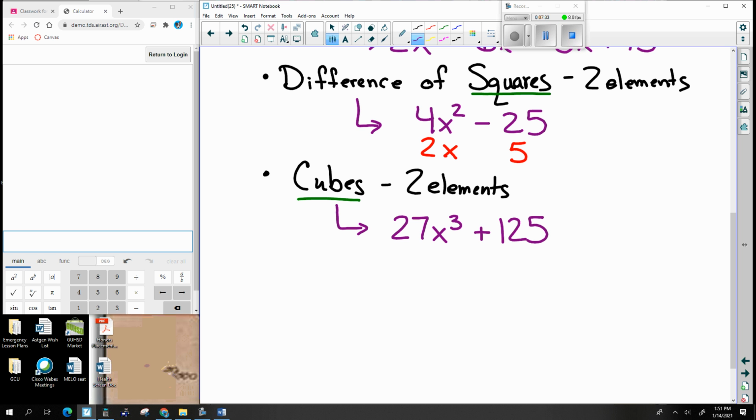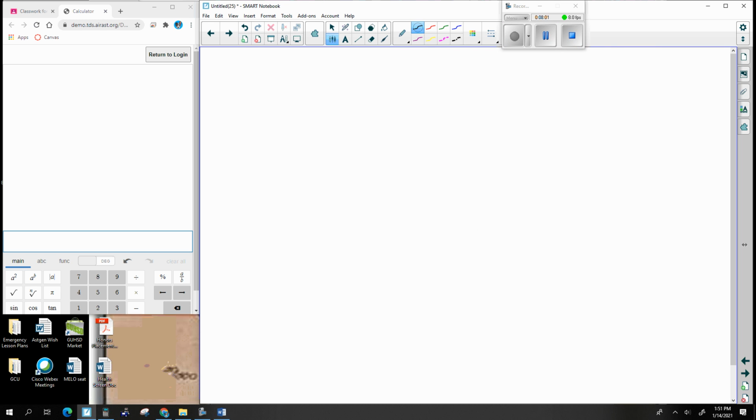This is a 3x and a 5, the cubes of 27x to the third and 125. That'll get you started. So we are looking at difference of squares and sum and differences of cubes today. Let's talk about the squares first, the difference of squares.